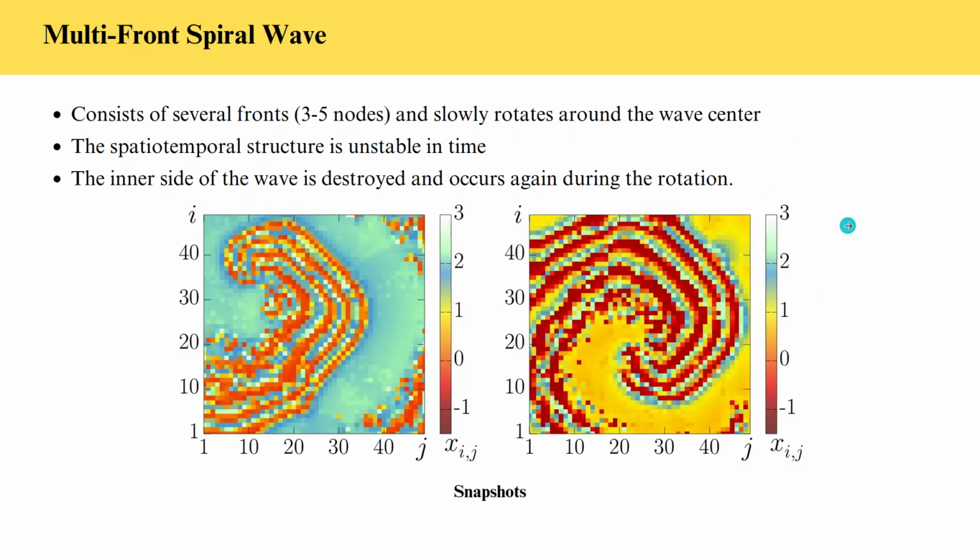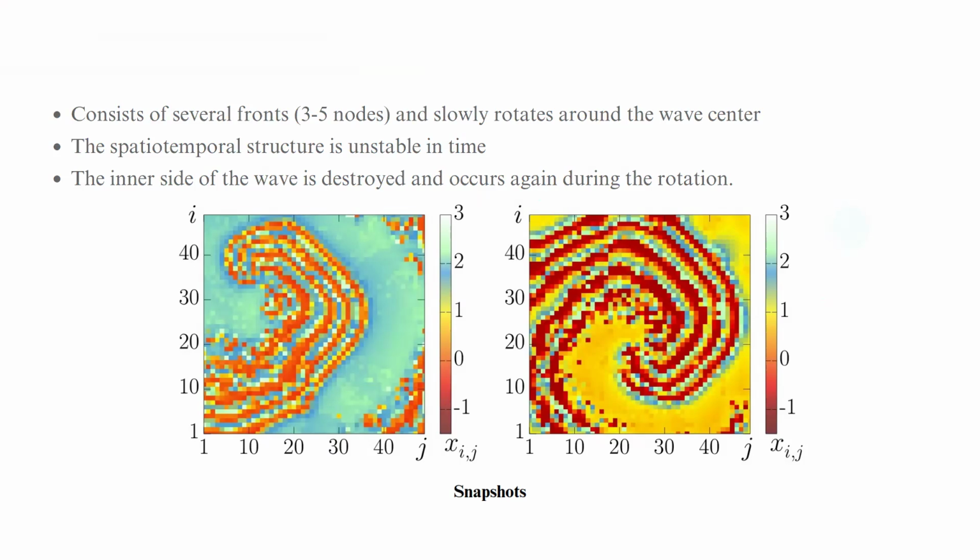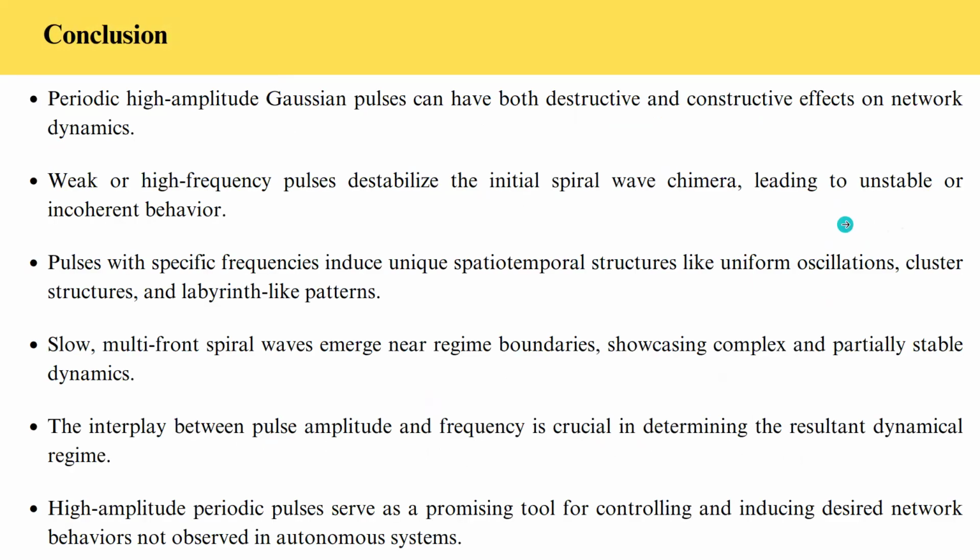The diversity of these regimes demonstrates the remarkable sensitivity of neuronal networks to external forces. In conclusion, periodic high amplitude Gaussian pulses induce both destructive and constructive effects on network dynamics. While some pulses destabilize initial patterns, others create unique spatiotemporal structures like uniform oscillations and labyrinth-like patterns.